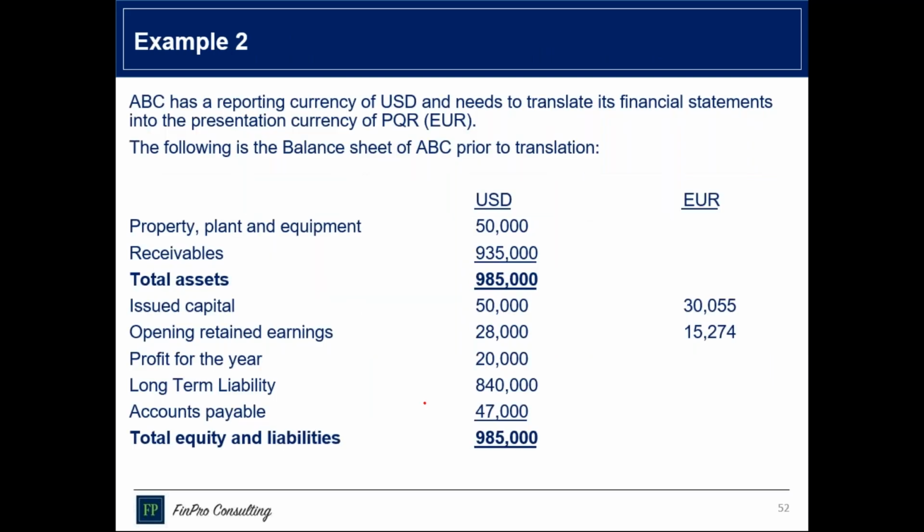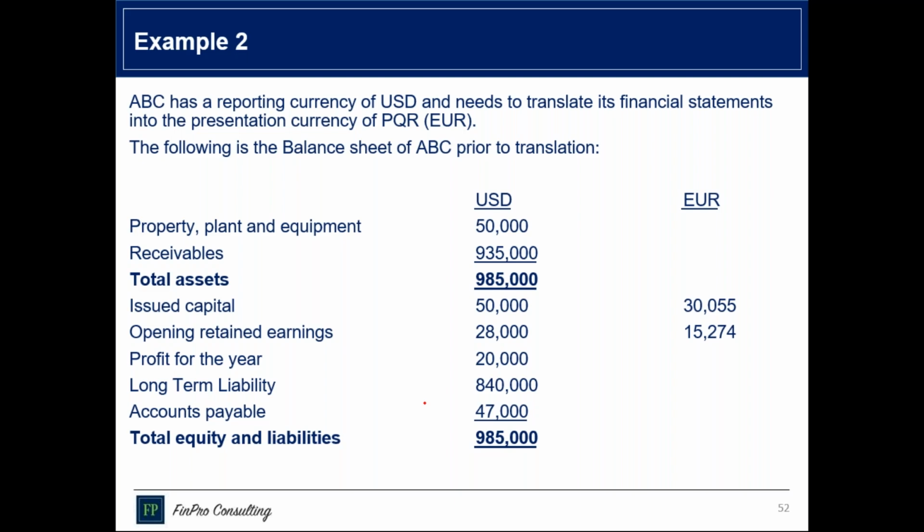So we will take one case study or example to understand how this foreign currency translation actually works in practice. ABC has a reporting currency of USD and it needs to be translated in the financial statements into the presentation currency of PQR, which is the euro.